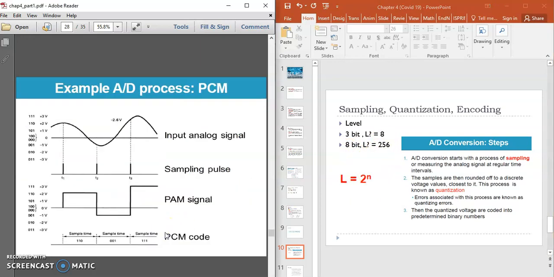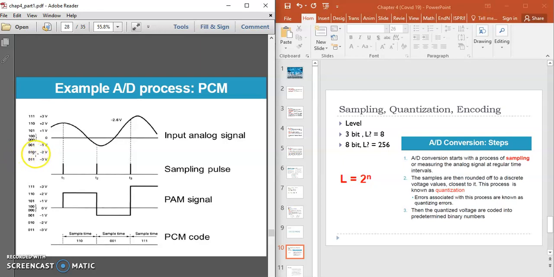Now, this is the process that I'm telling you. Remember, in PCM we have sampling. What is a sample? We slice the analog signal and then we quantize. Quantize means we assign a level. We want to represent, for example, this signal in analog; how about in digital?